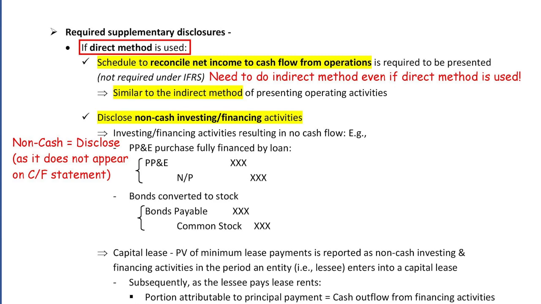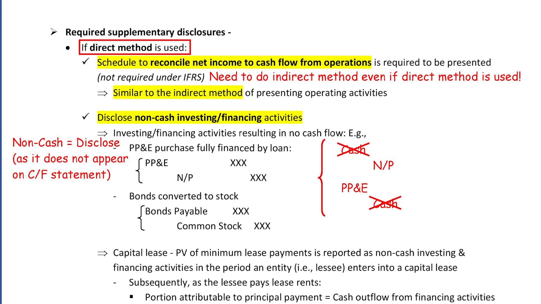An example of a non-cash investing and financing activity is PP&E purchased entirely by loan. So you have PP&E debit and notes payable liability credit. So instead of being a cash inflow from financing activity, notes payable, and a cash outflow from investing activities, PP&E, it is just a single journal entry where there is no cash inflow, no cash outflow. So this becomes a non-cash activity. If you had cash inflow from notes payable and cash outflow for PP&E, let's put the journal entries: cash debit, notes payable credit, and PP&E debit, cash credit.